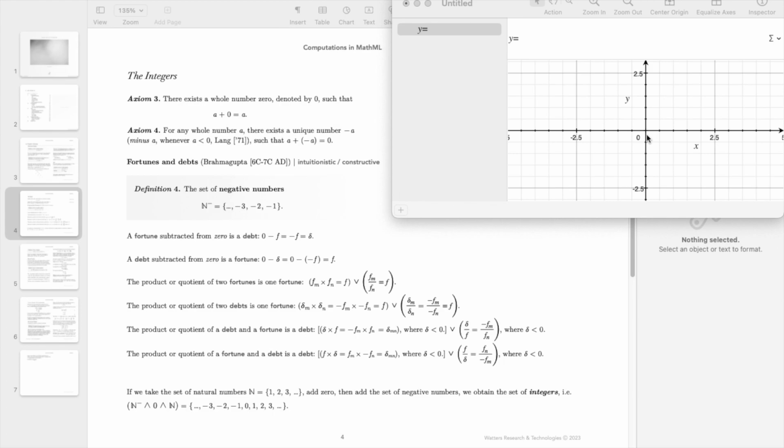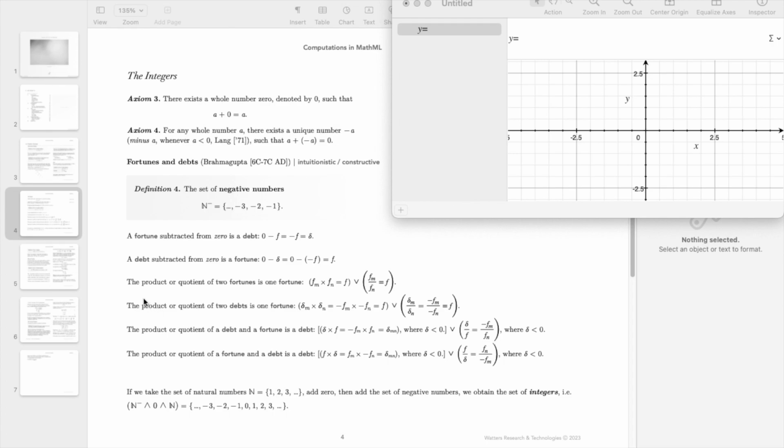So we're just applying the basic logic, the arithmetic logic of inverses here to obtain these numbers. Now, we've talked about multiplication and division in the context of fortunes and debts.